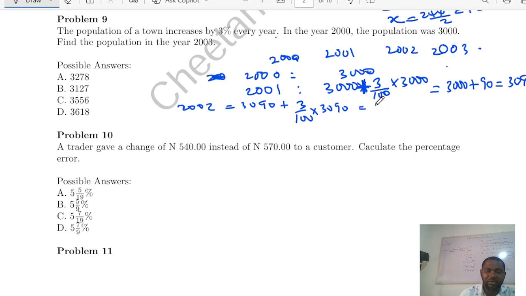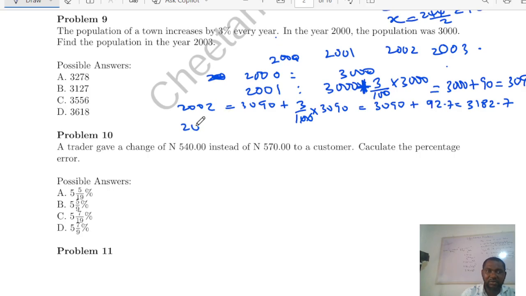So this will be 3090 plus 92.7, that is 3 times 30.9. If I add that to 3090, I'm going to get 3182.7. So that's for 2002.